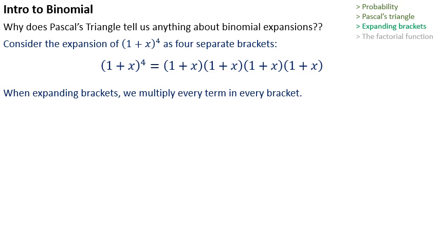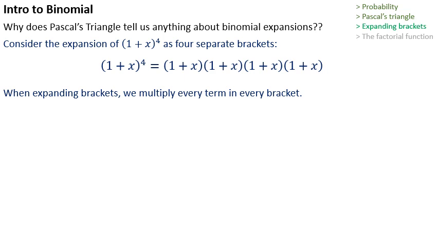If we're expanding brackets, the rule is every single term gets multiplied by every single other term. When you expand a pair of brackets, this is true. That's why a pair of brackets where each bracket is a binomial will give you 4 terms in the final expansion, and then potentially we simplify after that. This has 2 terms in the first bracket, 2 terms in the next bracket, 2 terms in the next bracket, 2 terms in the next bracket.